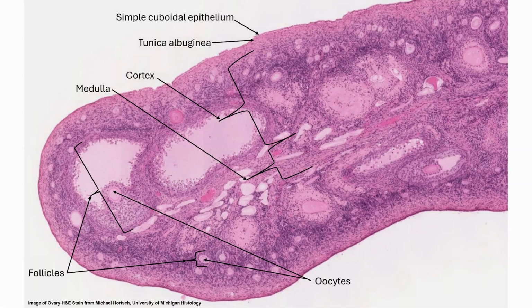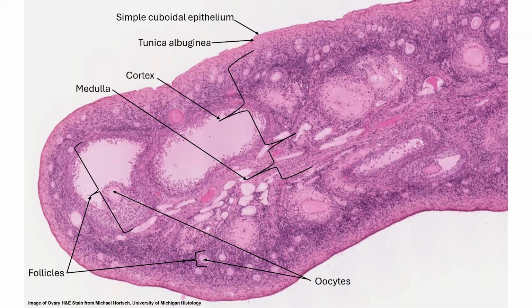Each ovary has cuboidal epithelial tissue surrounding a layer of fibrous connective tissue called the tunica albuginea, and the layer of tissue just deep to the tunica albuginea is the ovarian cortex. The ovarian cortex contains the oocytes that are maturing within structures called follicles.